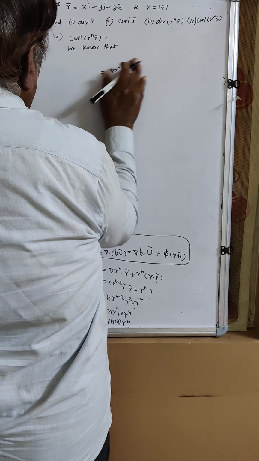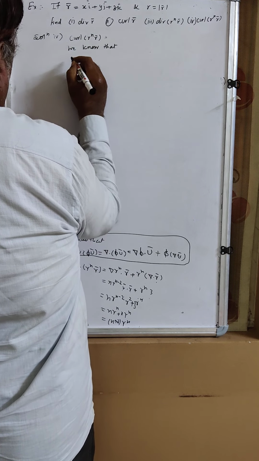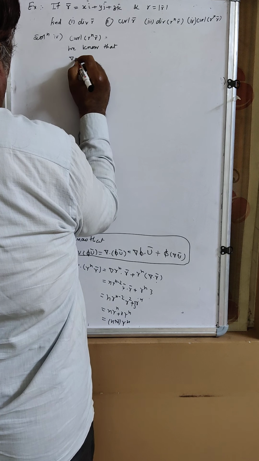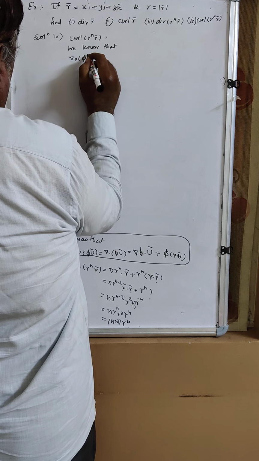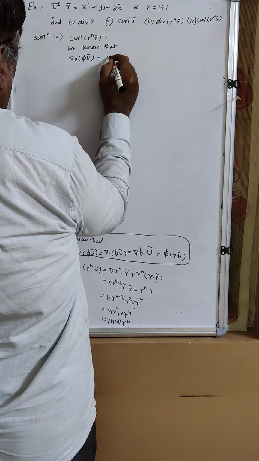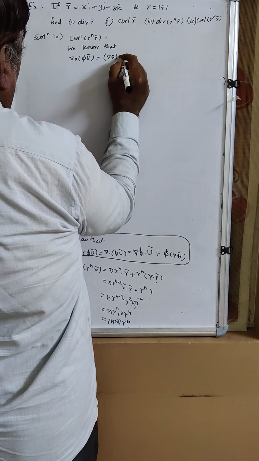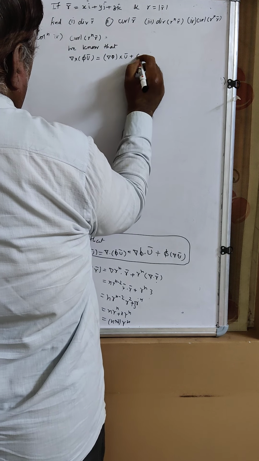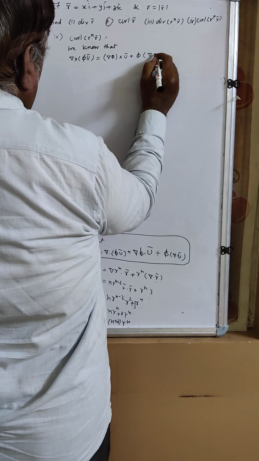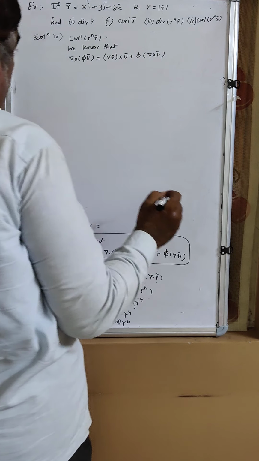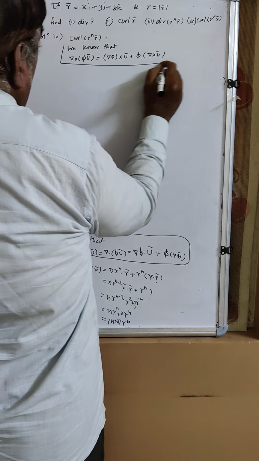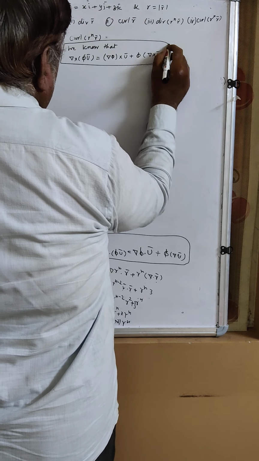We take it directly: del cross phi u vector is equal to del phi cross u vector plus phi del cross u vector. We take this in the rectangle.